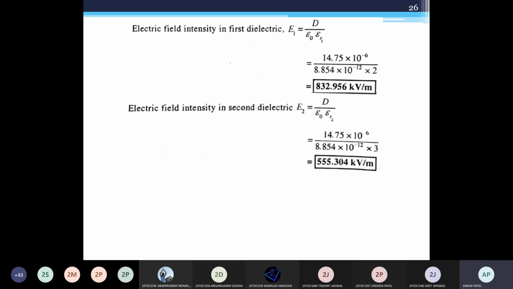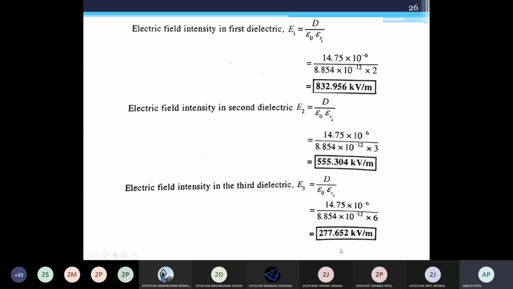Otherwise you will not complete your question paper, because in examinations you will have 50-50 percent weightage, 50% examples and 50% theory, or 60% examples and 40% theory. And E3 is 277.652 kV per meter.